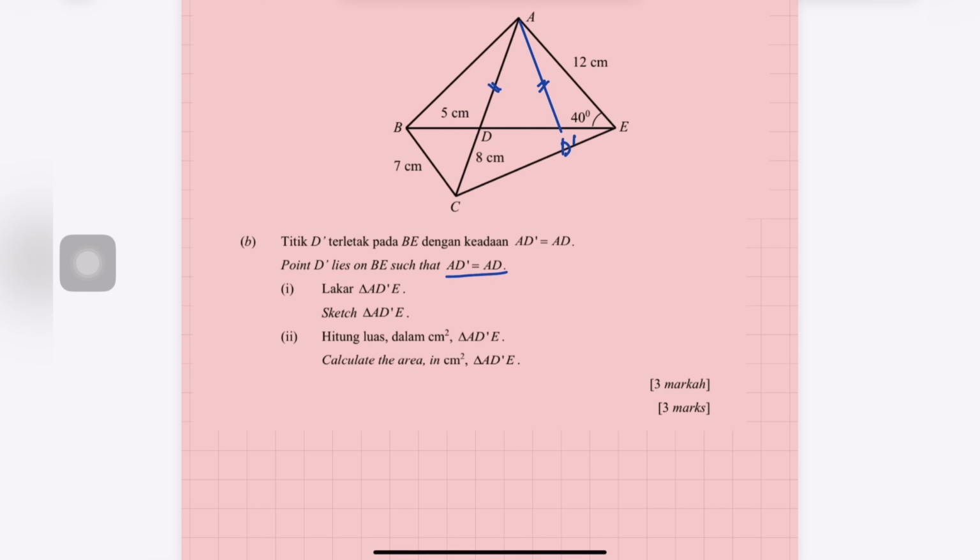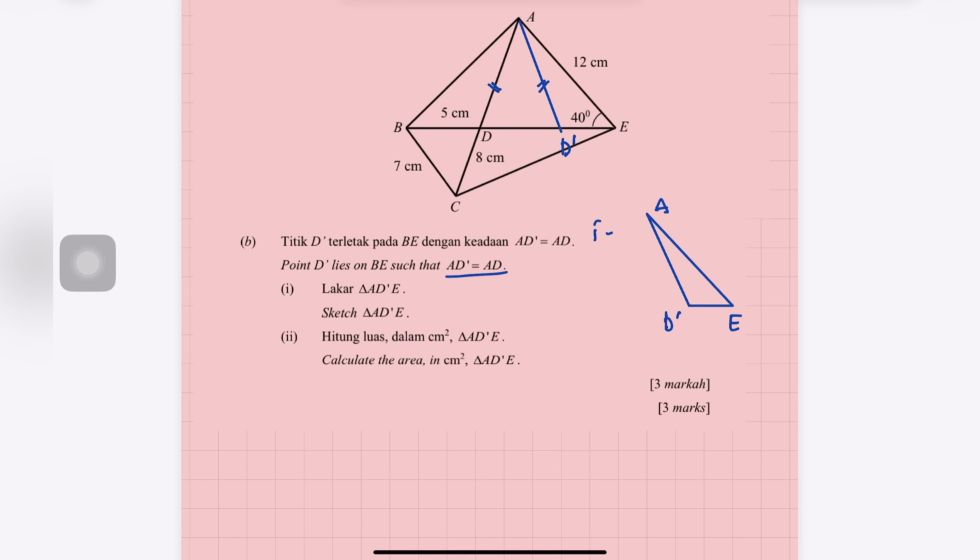Okay, so to sketch triangle AD prime E, you must use ruler. Okay, so Roman 1 ni kena use ruler lah to draw AD prime E. Okay, so this is A, this is D prime and E.